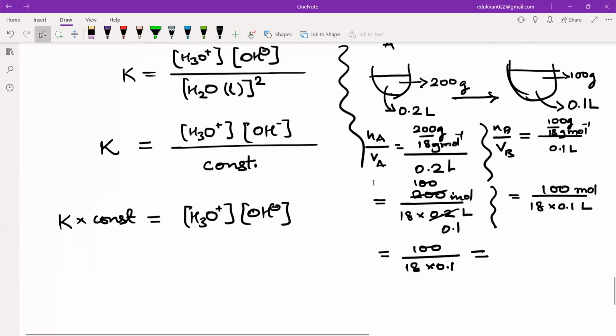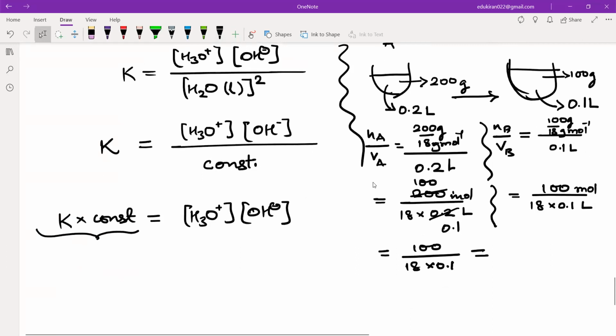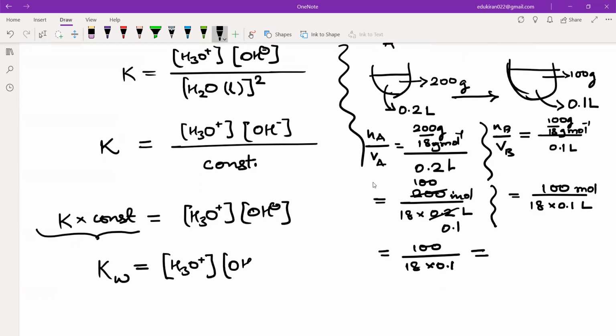When I multiply the equilibrium constant and the concentration of water squared, I will get a new constant, and I will call this Kw, because I have multiplied the concentration of water. This will be equal to H3O positive multiplied by OH negative.